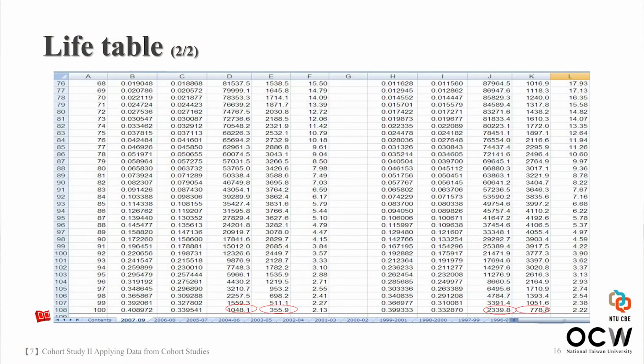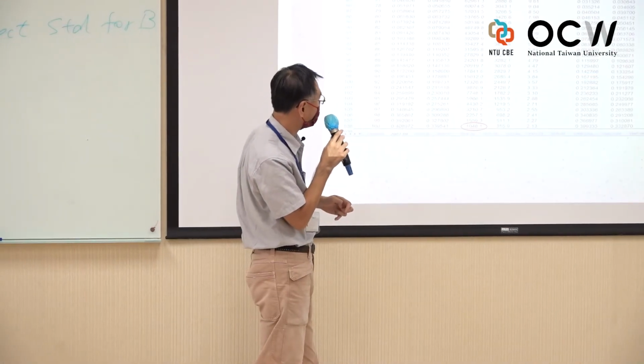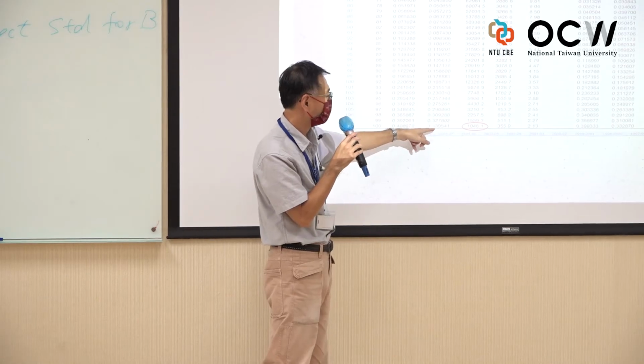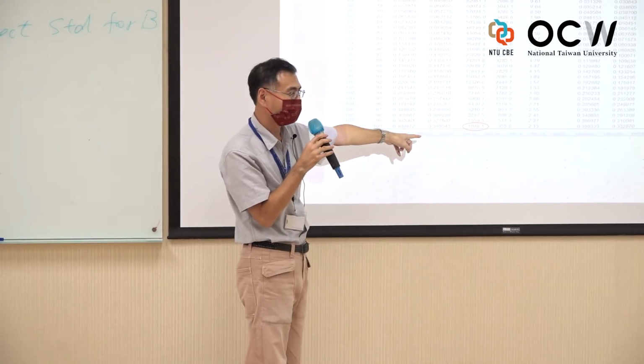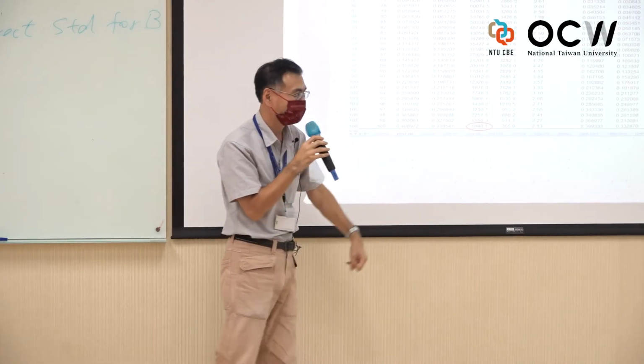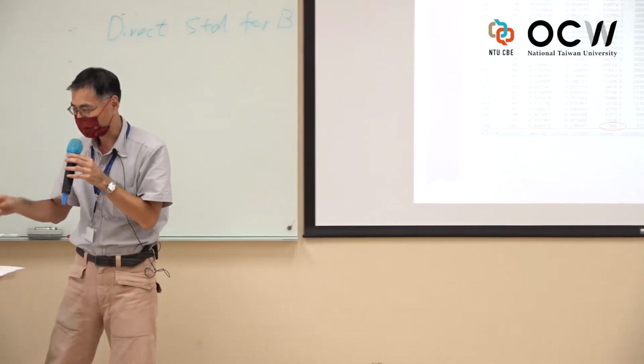In the end, there's only 1,000 people still alive at age 100. Okay, and do you know what's the mortality rate for the people at the age of 100? 0.339. So if your grandpa is very old, then treat him nicely because the mortality rate is so high, about 1/3 at the age of 100.